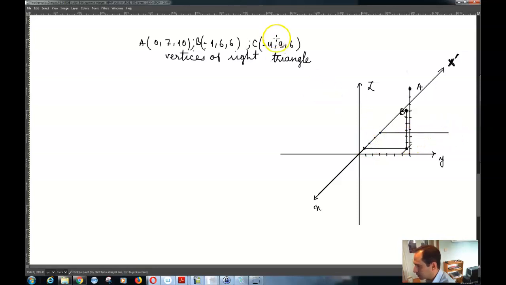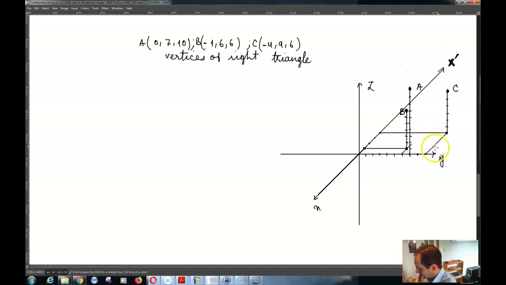Parallel to the y-axis, 9: 1, 2, 3, 4, 5, 6, 7, 8, and 9. So then this point would be the point of intersection of the two lines, and then perpendicular to that, 6 units, 1, 2, 3, 4, 5, and 6. This point over here is point C.